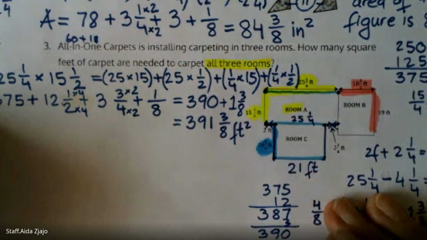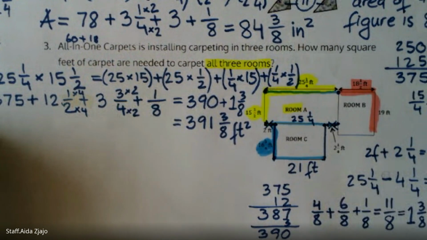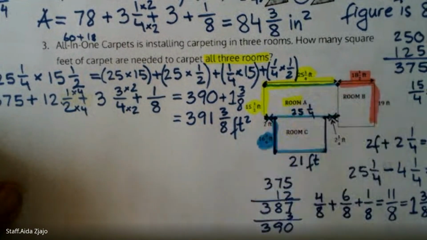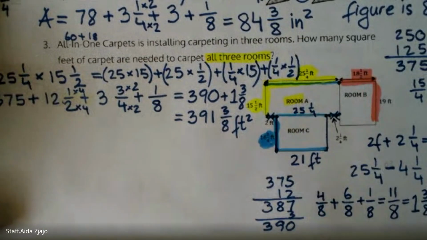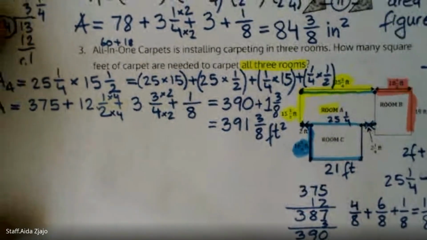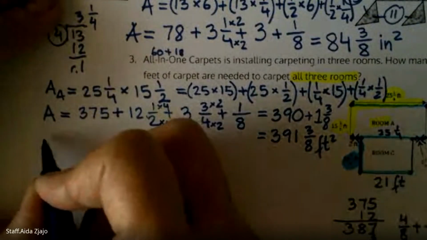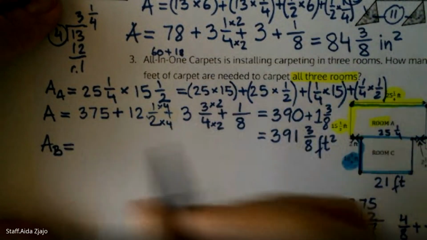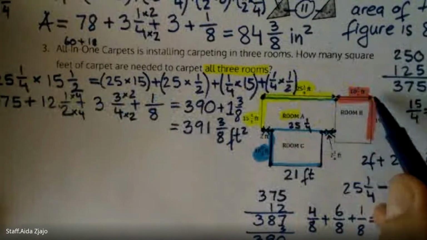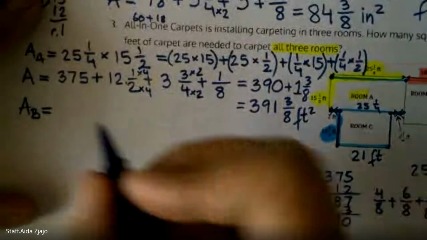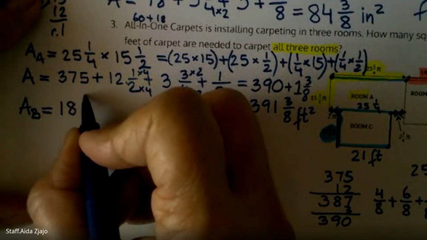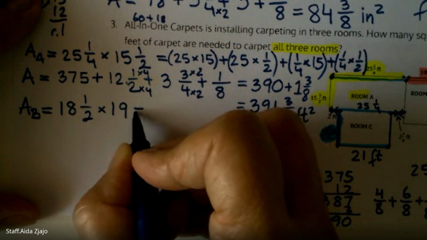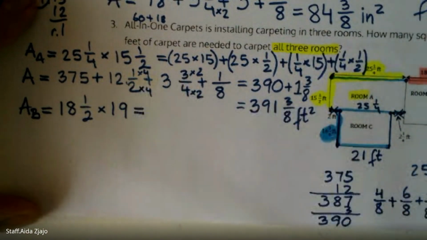And that is the area of room A. Okay, let's do room B. So area of B equals 18.5 times 19 square feet.